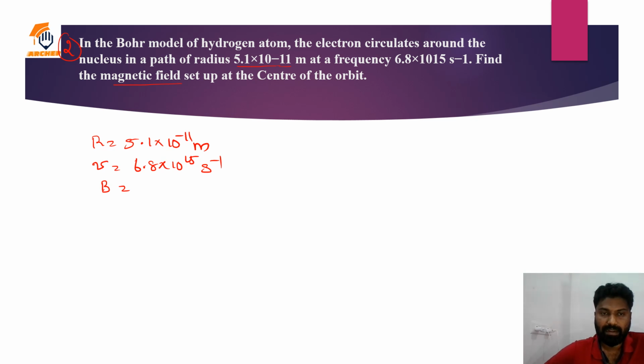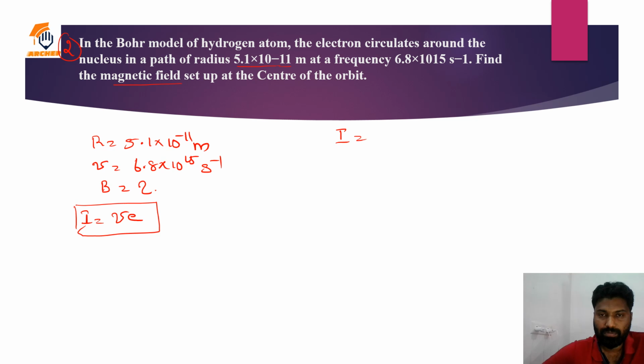So here we don't have I. Current is not given, so we need to find current. How can we find current? Is there any relation between current and frequency? Yes. I = νe. How does it come?